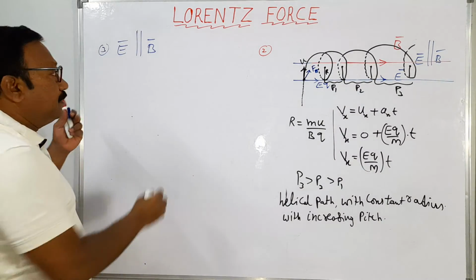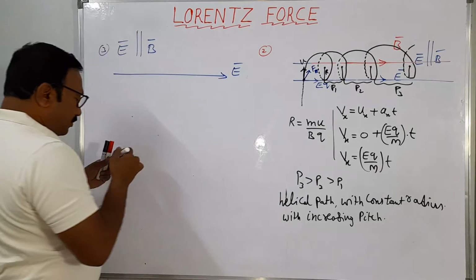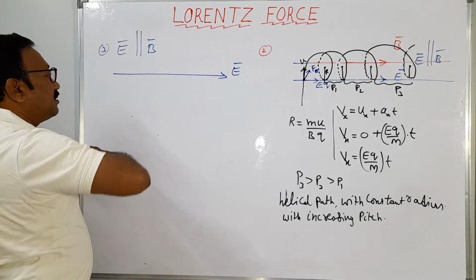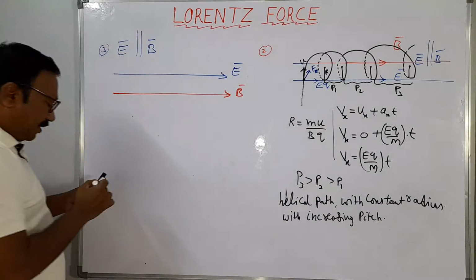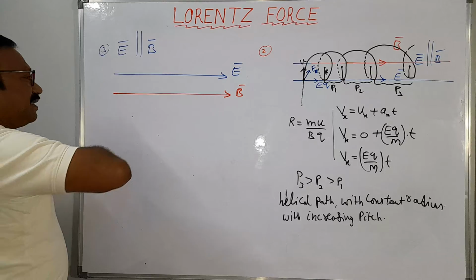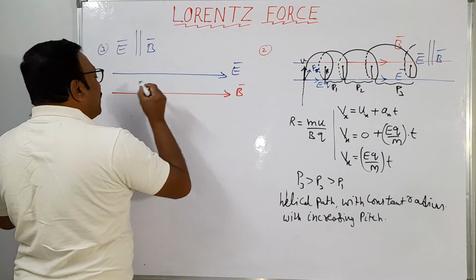Both are parallel. Say this is the electric field, and say this is the magnetic field. Let us say the particle is now entering not parallel, not perpendicular, but at some angle theta.